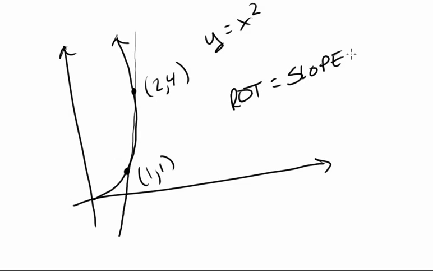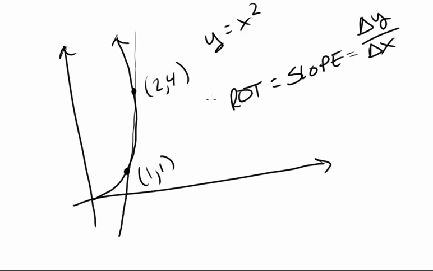Hopefully you know that slope is equal to change in y over change in x, delta y over delta x. So I can just find the slope of this line, and I will have the average rate of change between these 2 values.